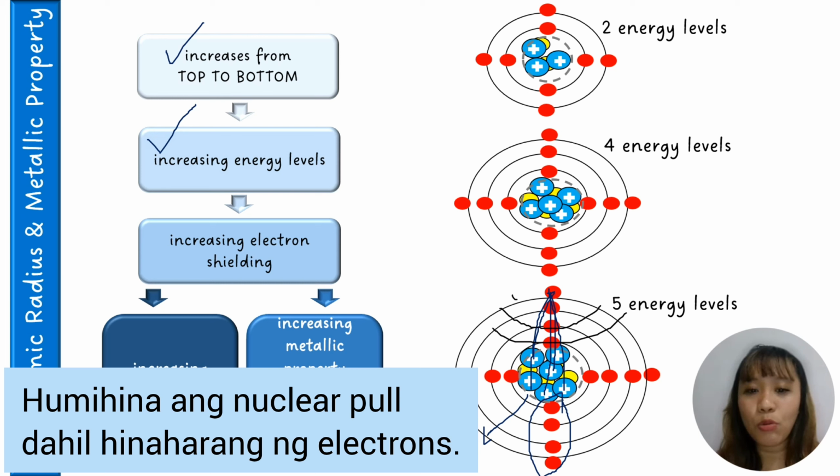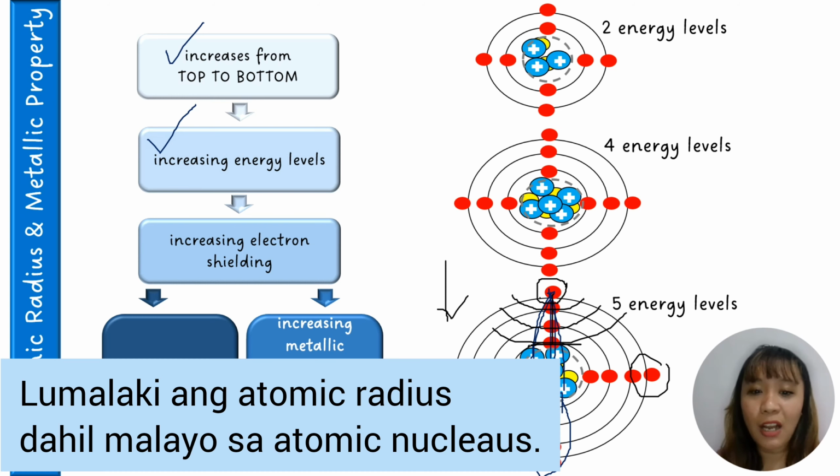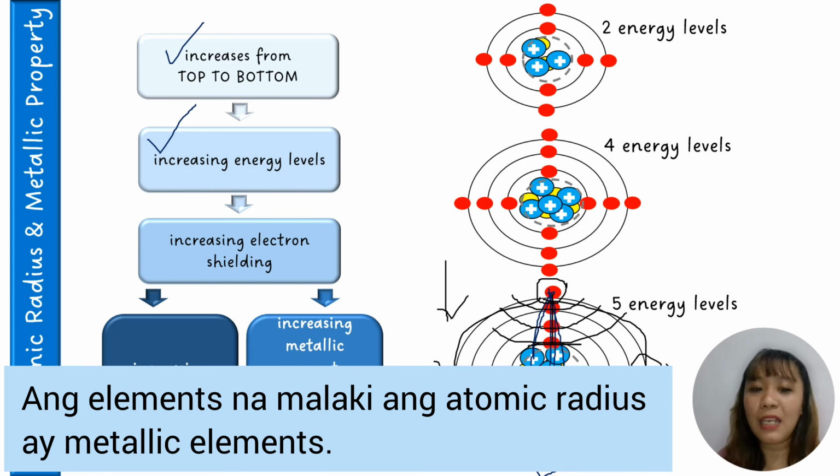That's why instead of a strong nuclear pull, the pull decreases or weakens. Because of that, these valence electrons in the outermost layer are farther from the nucleus. Because of this, the atomic radius increases. And because the atomic radius is large and the valence electrons are far from the nucleus, these valence electrons are lost more quickly, making this element more metallic than the rest.